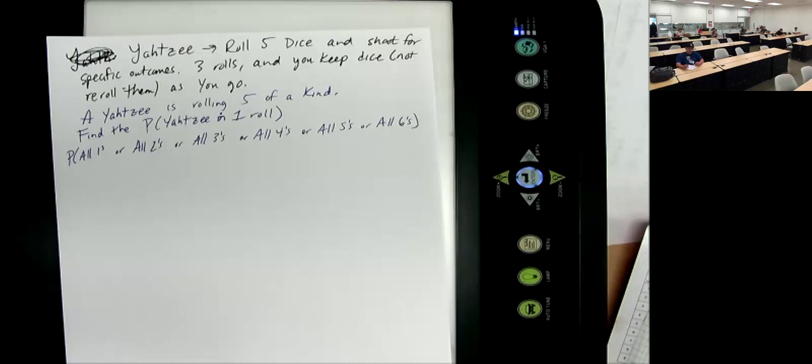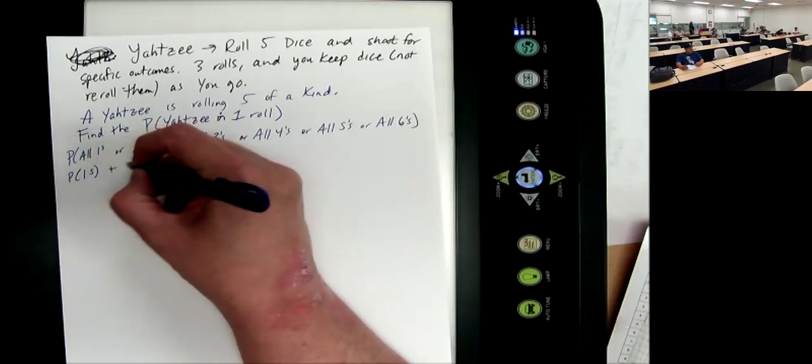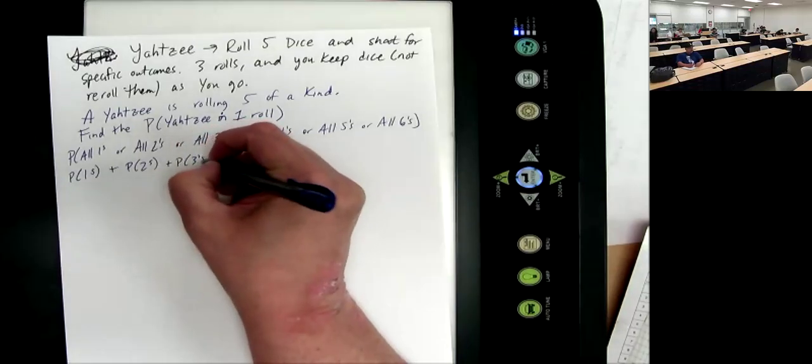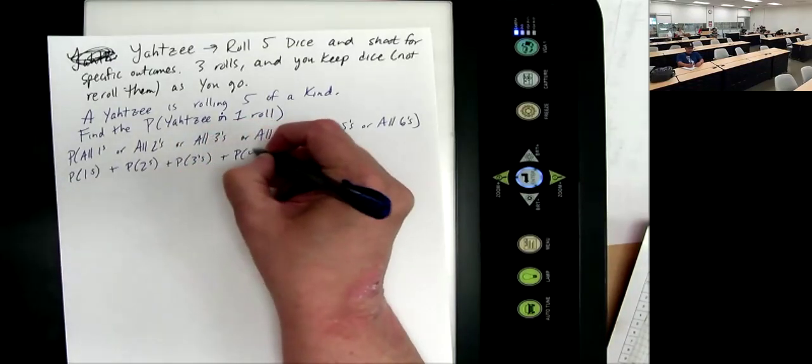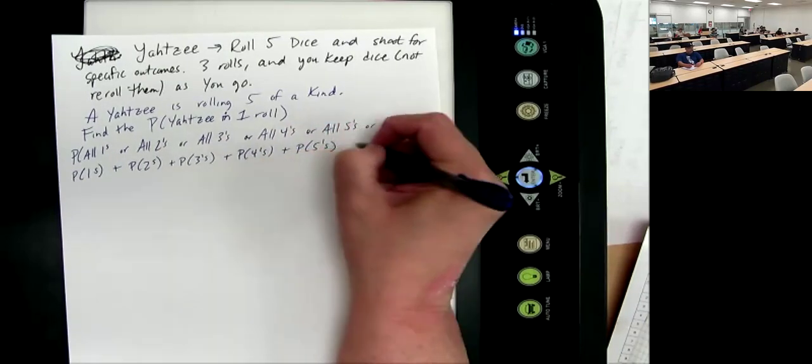It's a plus. So the probability of ones plus the probability of twos, plus the probability of threes, plus the probability of fours, plus the probability of fives, plus the probability of sixes.